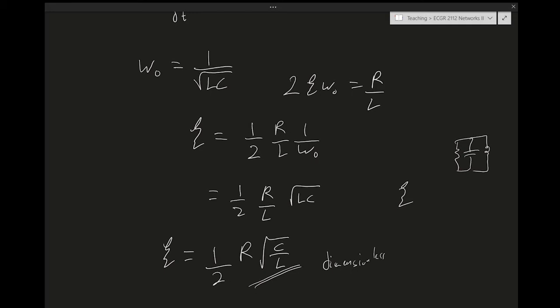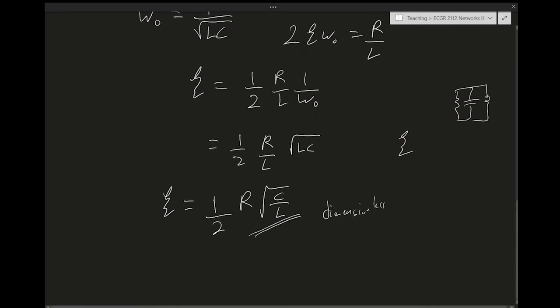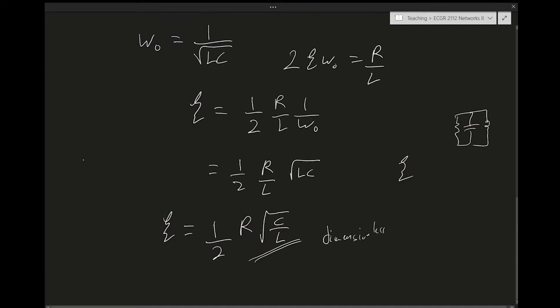Omega naught, on the other hand, will mostly tend to be 1 over the square root of LC. Mostly, I mean, in most cases, not all cases. Sometimes you have second order circuits with, say, 2 capacitors like this.